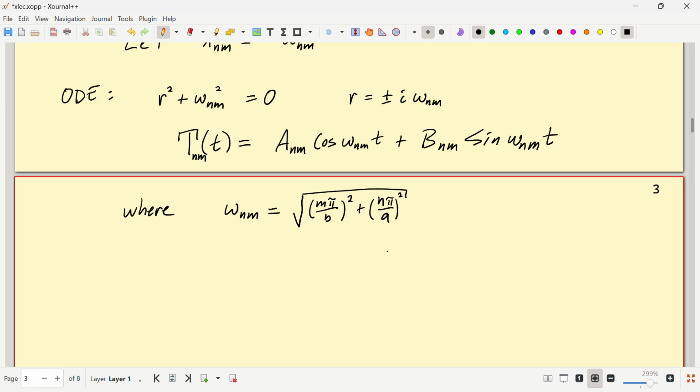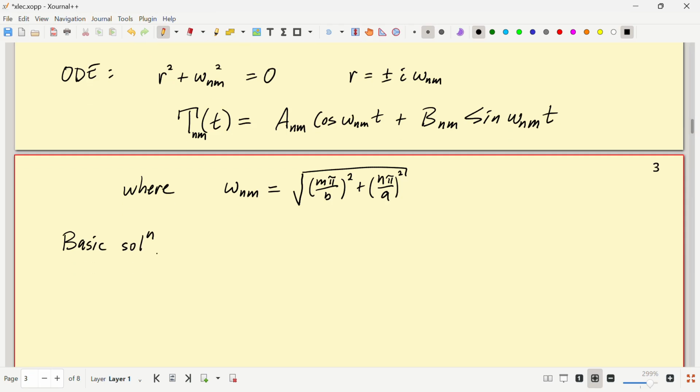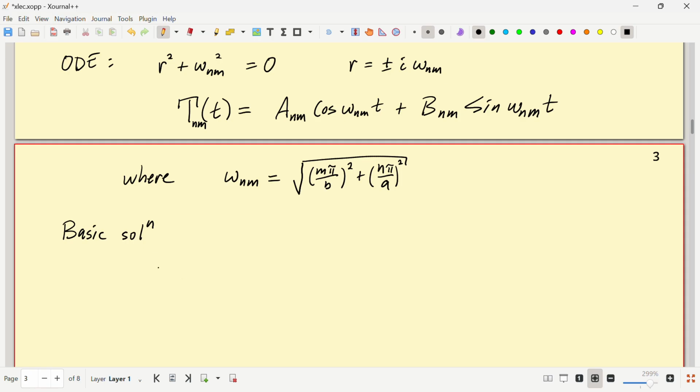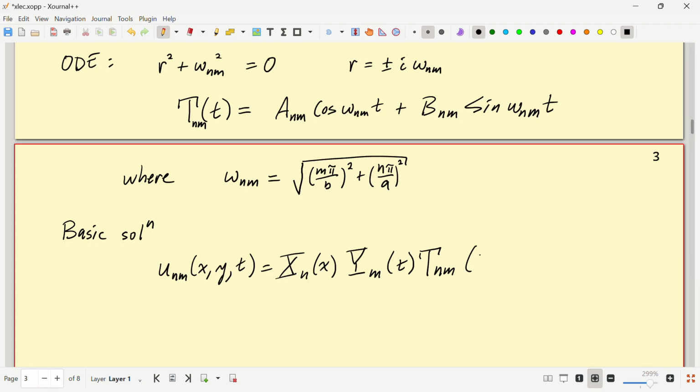Okay, so we get a basic solution. It's a little hairier than what we've gotten before, and it depends on two numbers now. u nm of x, y, t is X n of x times Y m of y times T nm of t.